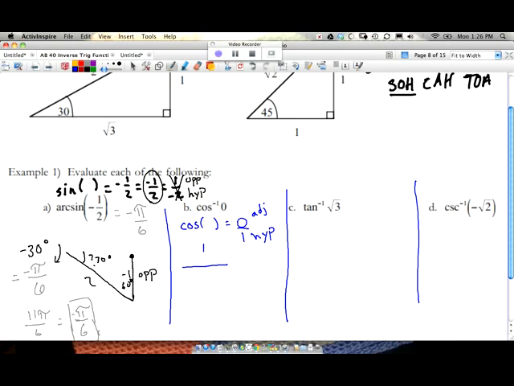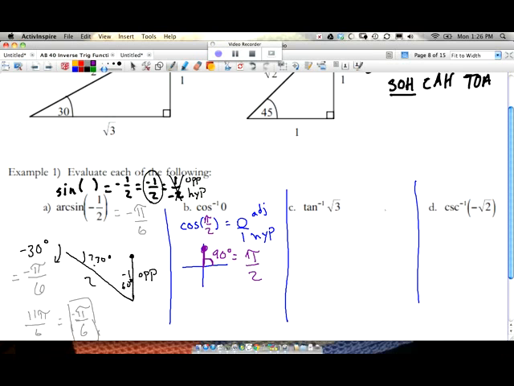I don't move at all for my horizontal, but my vertical goes straight up 1, which to me says, I got a line like that. So how far is this angle here? Well, that's 90 degrees. But what would that be in radians? Well, that's pi/2. So the answer here, pi/2.